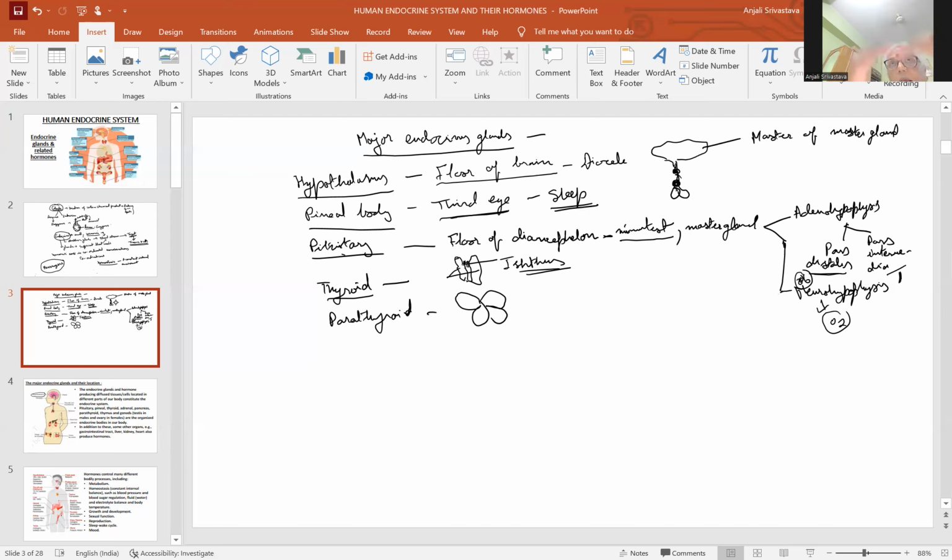If you remove the thyroid gland, just behind it you will find the parathyroid gland, made of 4 lobes. This parathyroid gland secretes a single hormone, PTH, parathyroid hormone, that regulates calcium level.